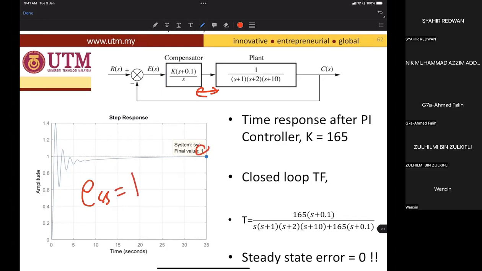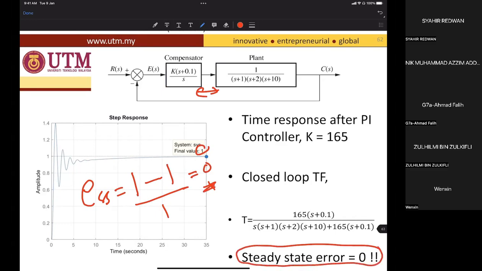The input is 1 volt unit step, minus final value, over 1, divided by 1, the final value. So you get 0. So steady state error is 0. This is our target: to make the steady state error 0 and maintain the transient response, maintain the overshoot.